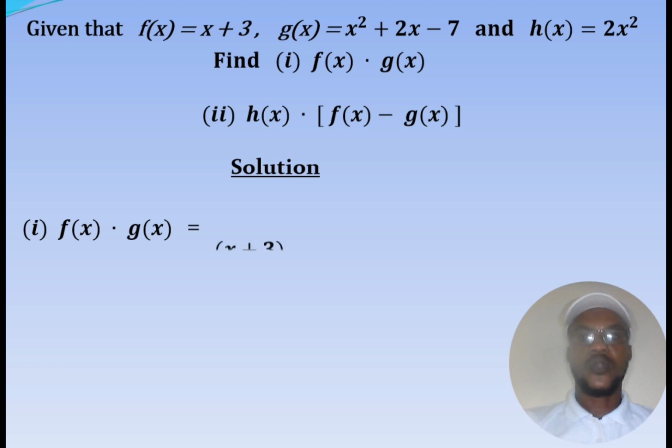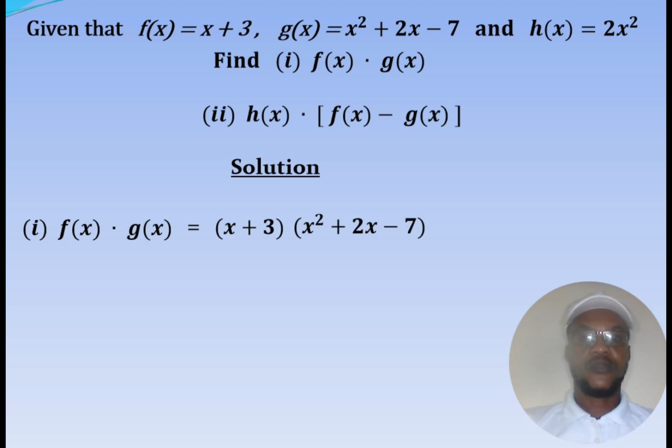As I said, when we were doing addition and subtraction, when it's given to you, you need to put them in brackets so that it will be easy for you. So we put them in brackets like this. When it comes to this multiplication, whatever you did in algebraic expressions, you remember when you were doing expansion of brackets, you open the bracket.